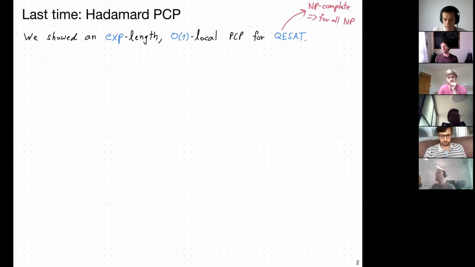This is an NP complete problem where we have a set of quadratic equations and we want to know whether there exists an assignment that would make all of these equations zero. And since this is an NP complete problem, for any language in NP, we can take the NP witness, encode it by adding some exponential redundancy, and then verify the proof using O of one queries.